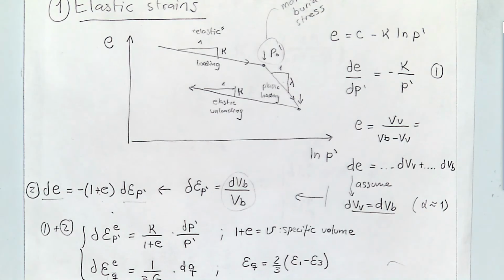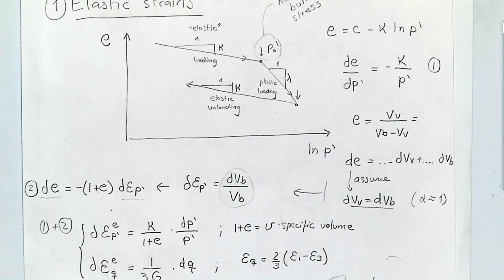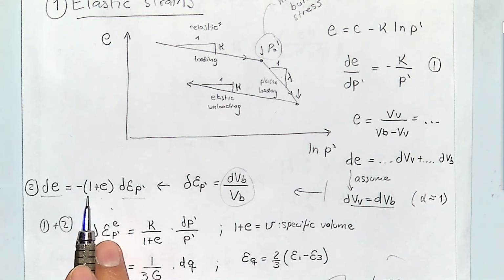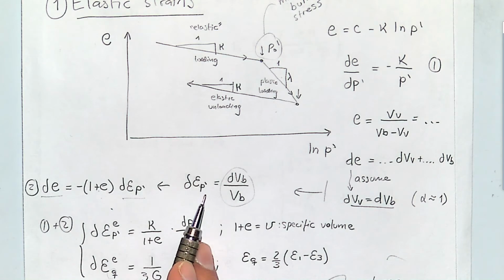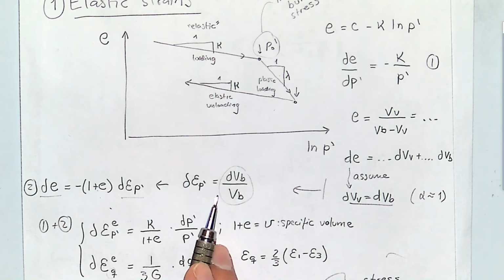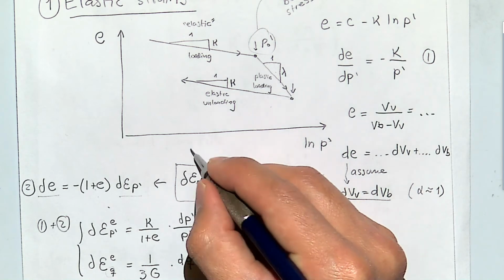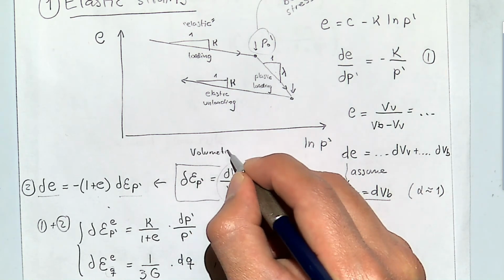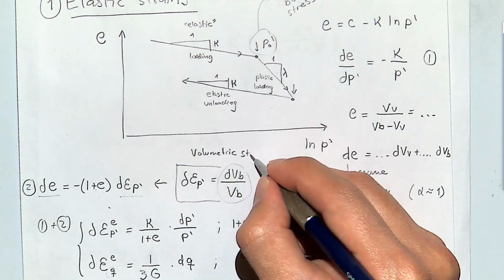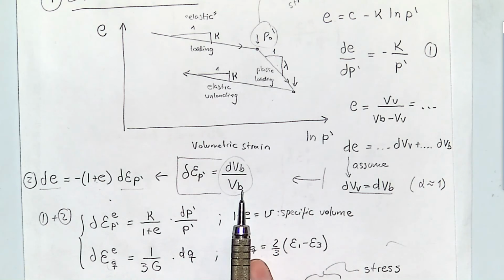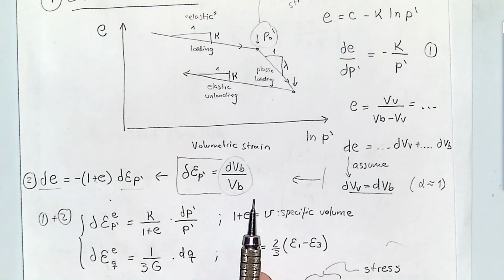Where did the equation to the right of equation 2 come from? Which one? This one? Yeah. Okay, this one is just a definition. Notice that this is changing volume. This is volumetric strain, changing bulk volume divided by the original bulk volume. Yes.